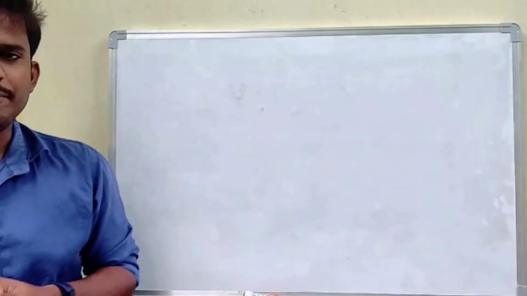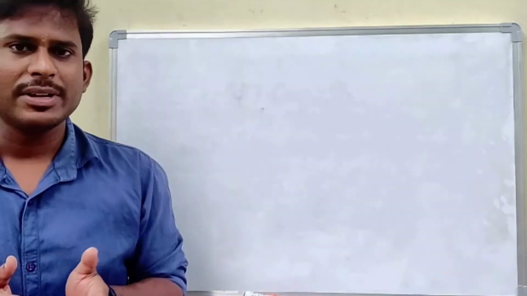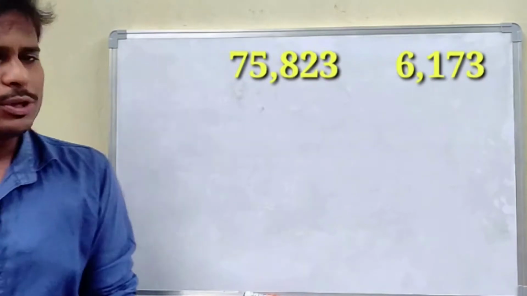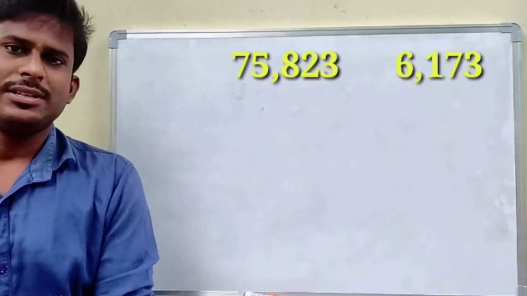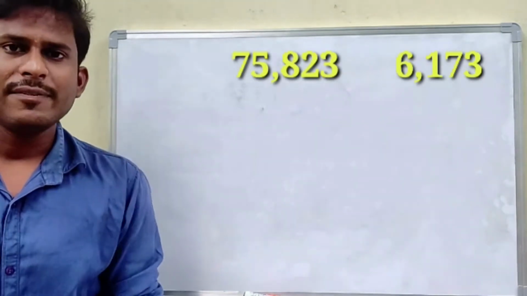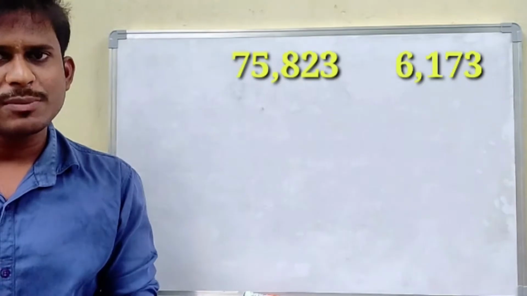So this is the symbol of less than. Now let us take 2 numbers and compare which number is greater and which number is smaller. See here, you can see 2 numbers. Now children, remember, while finding the greater number and smaller number, we have to follow some rules.